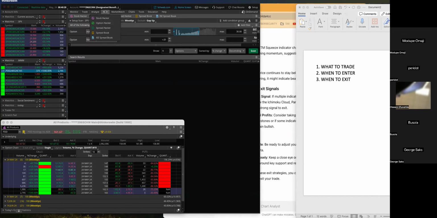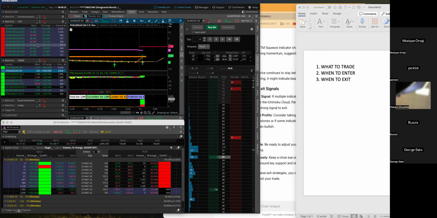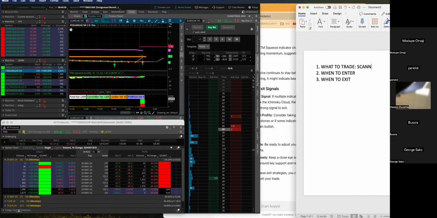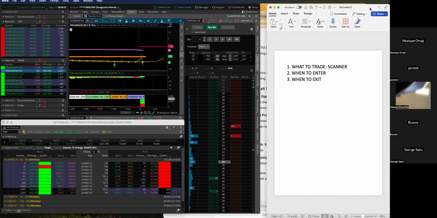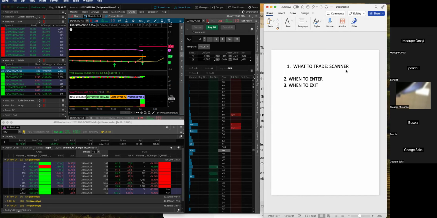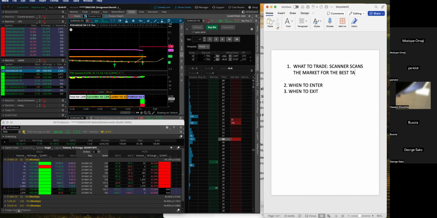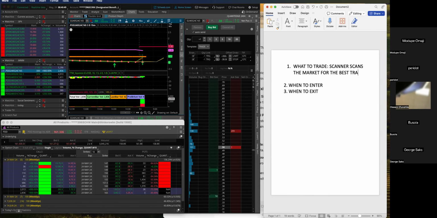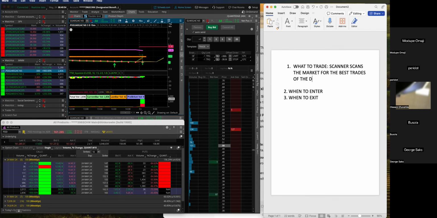And that's what this is about, what to trade. We have the scanner here that scans the market for the best trades of the day.